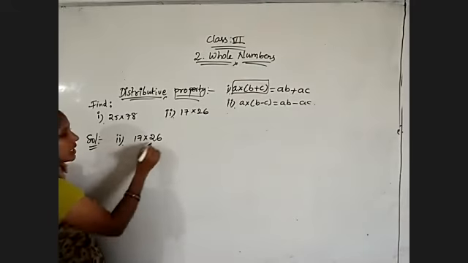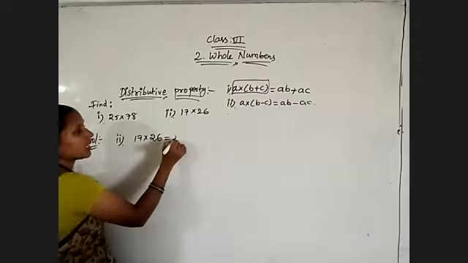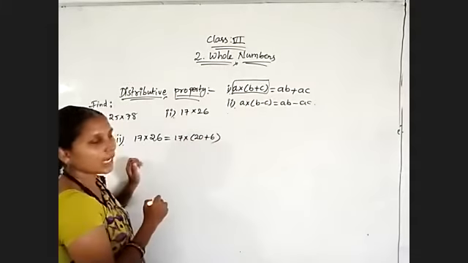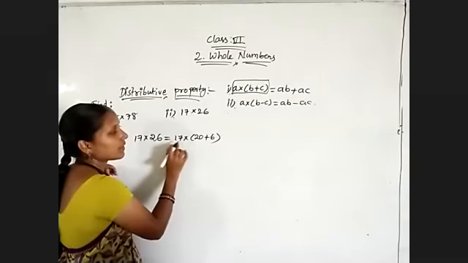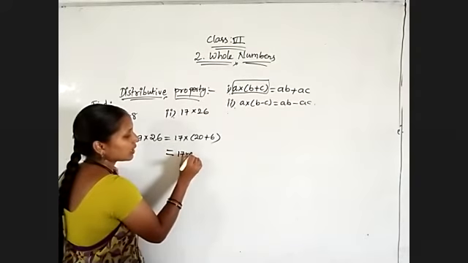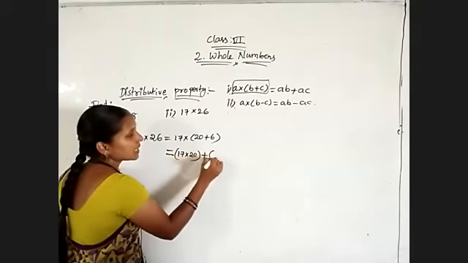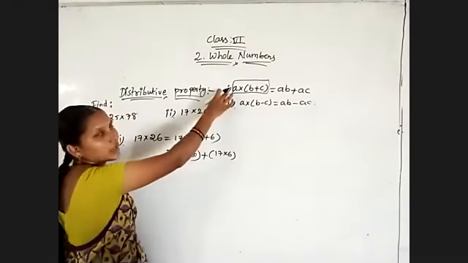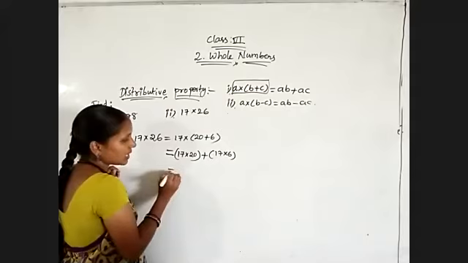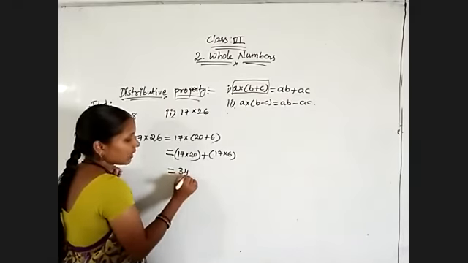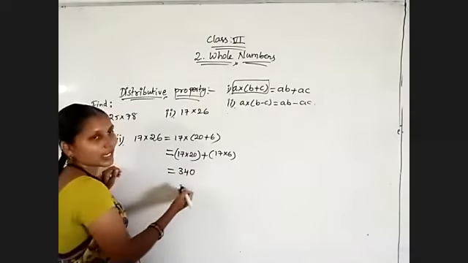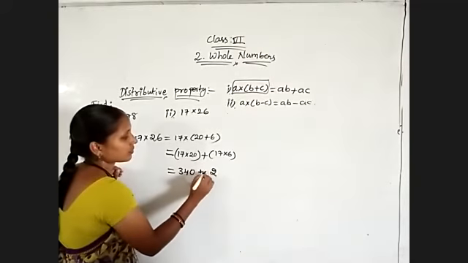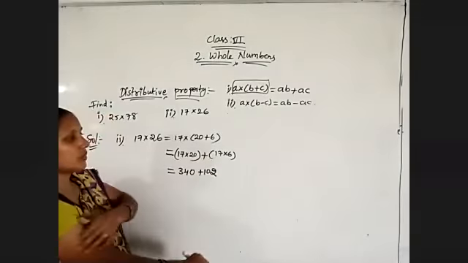I am writing 17 into 20 plus 6, which is equal to 17 into 20 plus 17 into 6. A into B plus A into C, from the distributive property. 17 2s are 34 and 1 0 is there, so 340, plus 17 6s are 102.